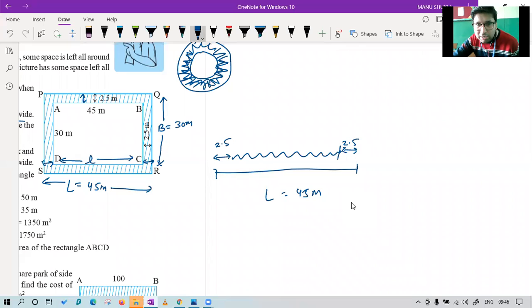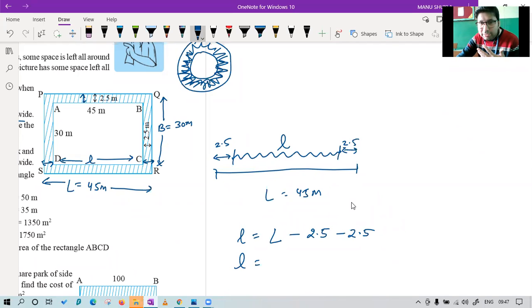This will be your small l. Very easy. We can do l is equal to capital L minus 2.5 minus 2.5. So we are actually cutting the extra part and we will get the length of the smaller rectangle. Are you able to understand how I am trying to find the length of the inside thing? It is 45 minus 5.